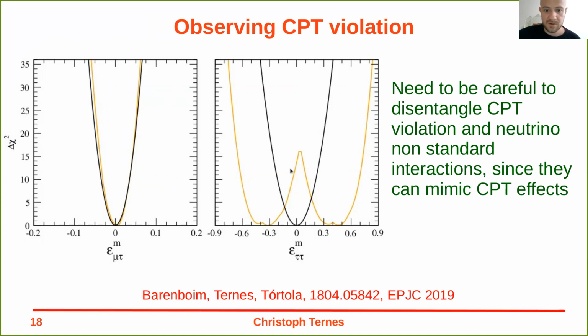The black line here is the current bound. So you see that the best fit value that we obtain would be basically already excluded, but there is some transition zone where the bound is not so strong, and we would still obtain a very good fit of the data. So in this case, one could not distinguish CPT violation from non-standard neutrino interactions.